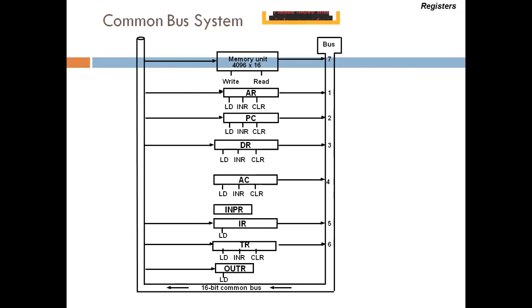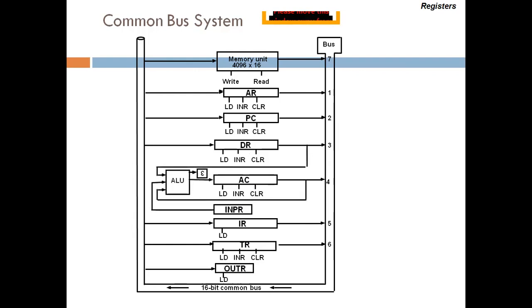This accumulator is a processor register. The input for the accumulator may come from any one of 3 possibilities. It comes from the arithmetic logic unit, and the input for this arithmetic logic unit is from the input register, or the previous output generated in the accumulator, or the data register.